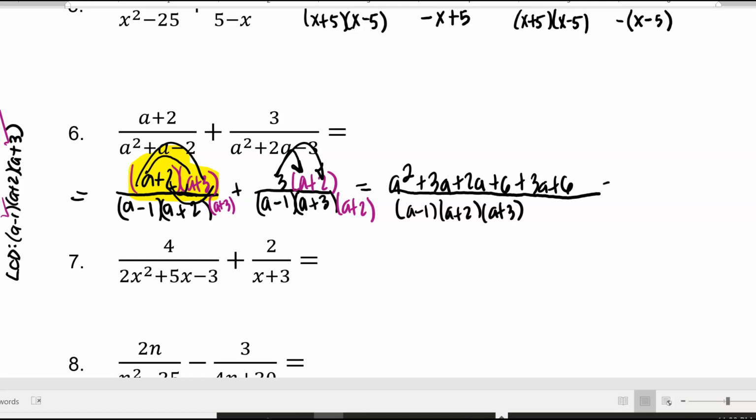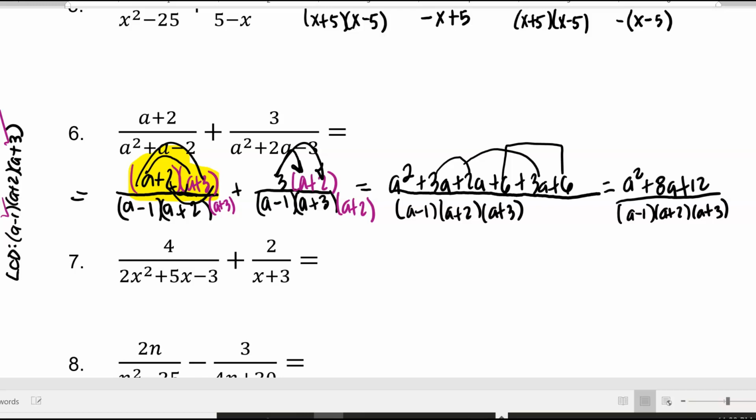So we now need to combine like terms. That's a squared. We have 3a plus 2a, which is 5a, plus 3a, which is 8a. And then we have this 6 plus 6, which is 12, divided by a minus 1 times a plus 2 times a plus 3.